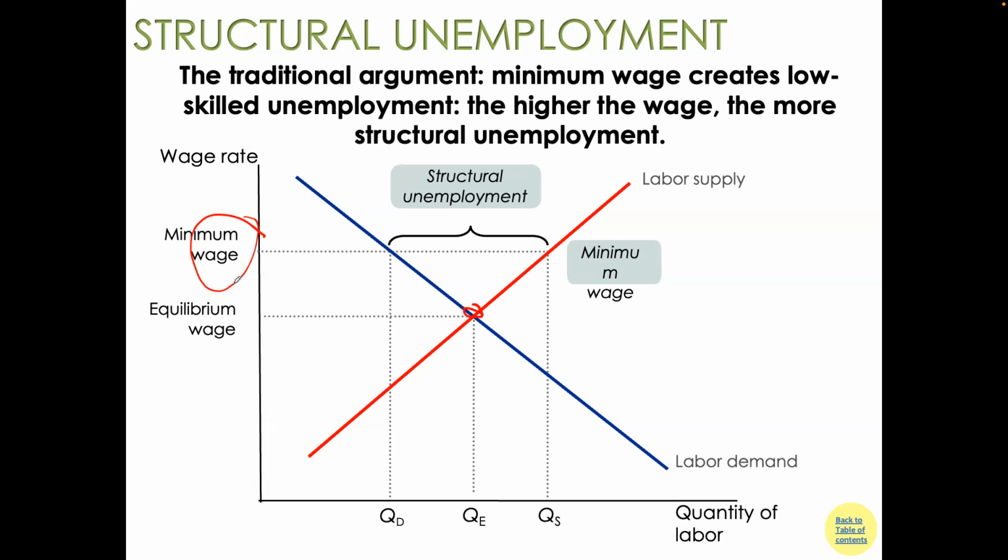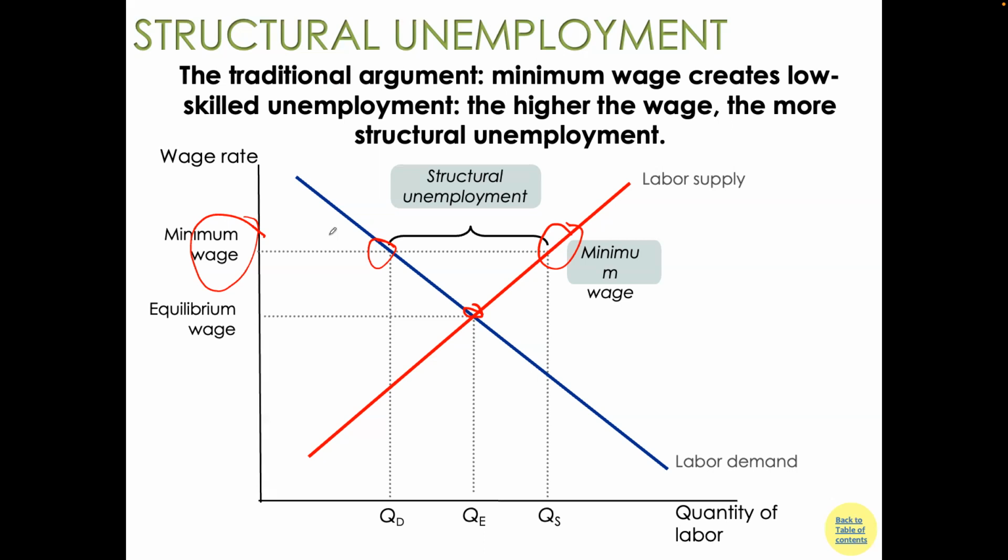They artificially lift up the wage. Now, what's the unintended consequence? This is going to create structural unemployment. Because now the labor supply is going to exceed labor demand. And then the gap is unemployment. And we classify this as structural unemployment.